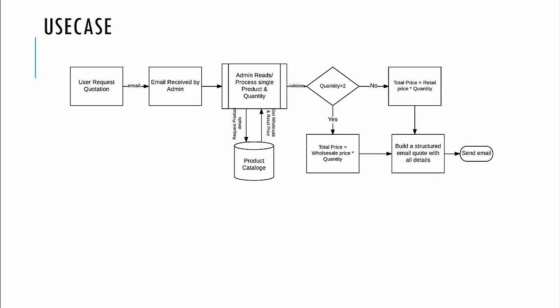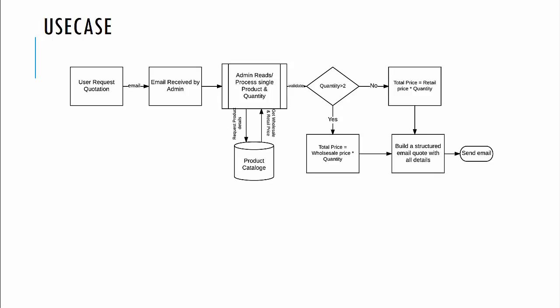The role of the admin is to process the email and retrieve the wholesale and retail rate according to the product catalog, which is in the local MySQL database. Here we have a condition: if the quantity of the product requested is greater than 2, then the total price is the wholesale price multiplied by the quantity.